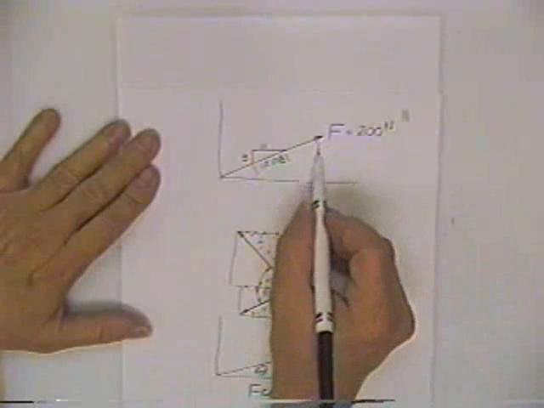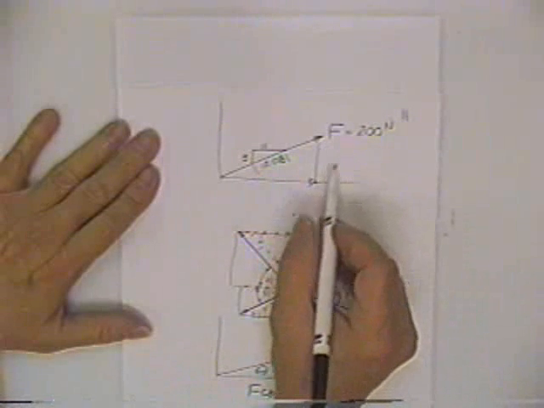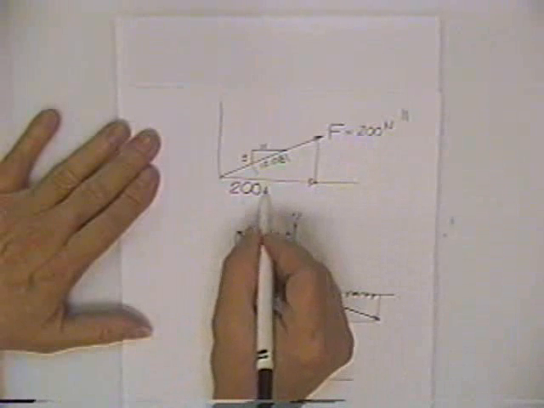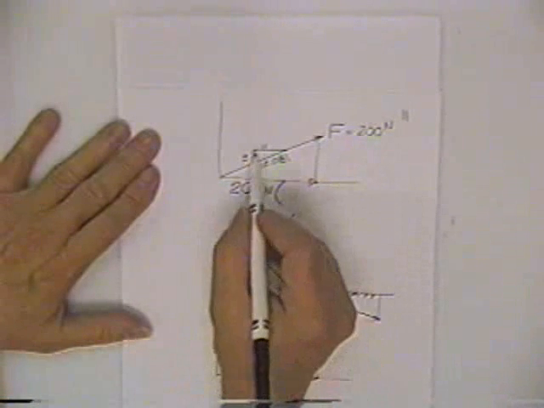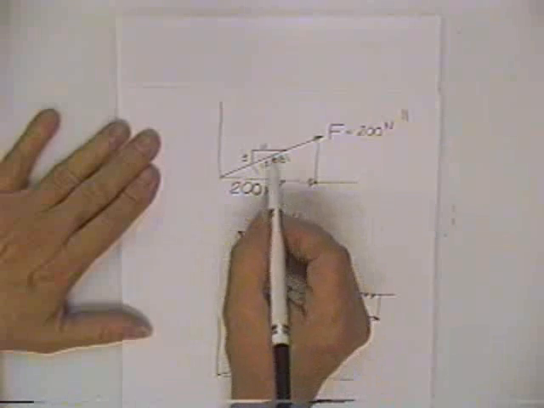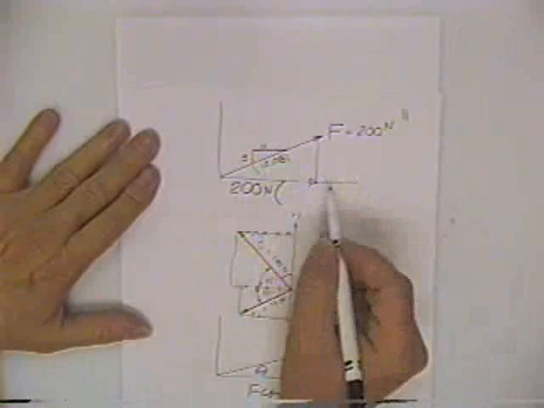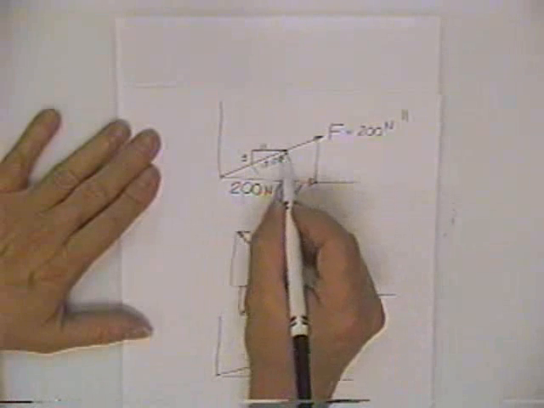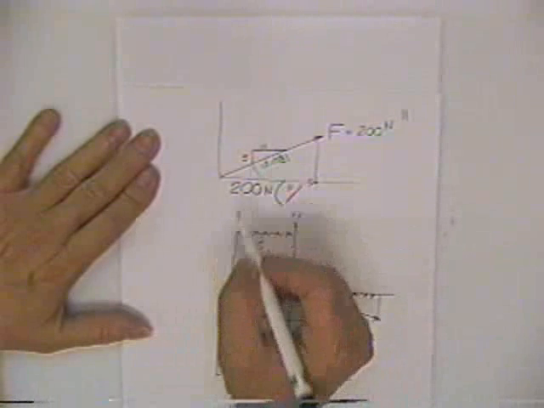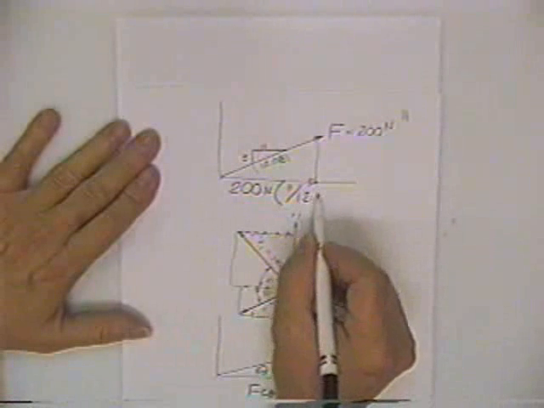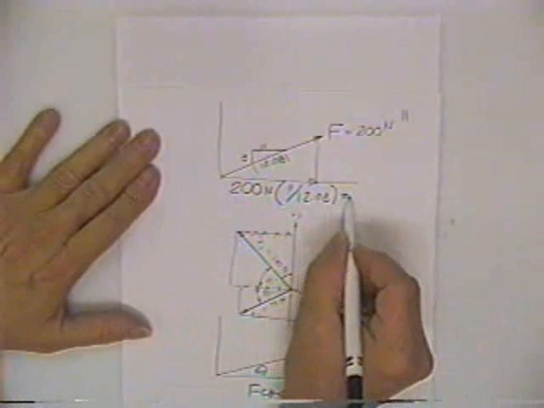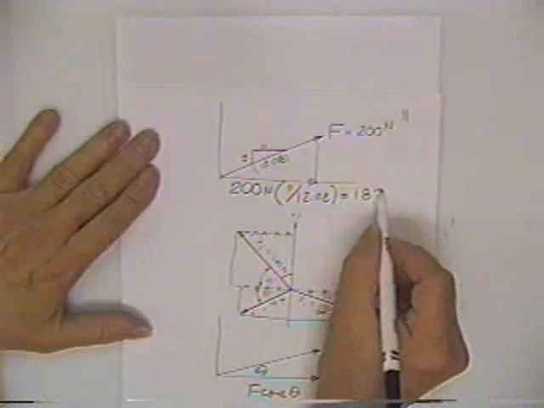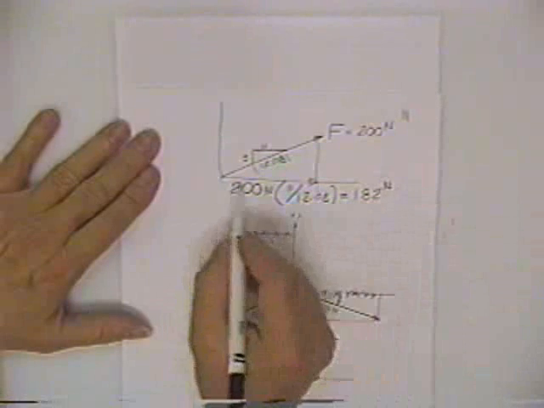And I can tell you now that the horizontal component of this 200 Newton force is the original force, 200 newtons, multiplied times, to get the horizontal component, I take the horizontal side of the angle, that's 11, divided by the hypotenuse, the 12.08, and that gives me the horizontal component equal to 182.1. 182 newtons, which looks about right.